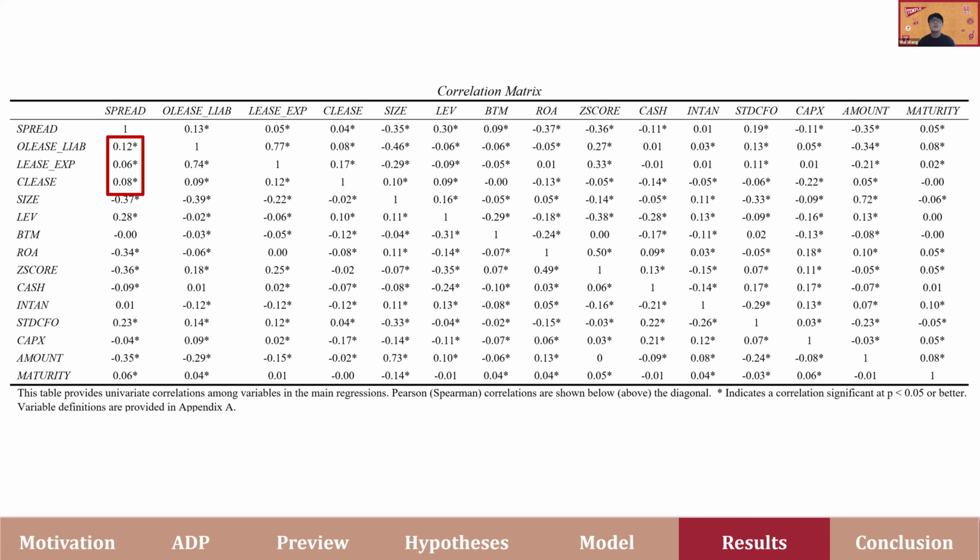I also want to bring your attention to the positive correlation between all three lease measures and loan spread. That suggests that lenders do price operating leases, or leases in general, as something that poses higher credit risk. So in general, if you have more leases, you have to pay higher interest rates on your loans.